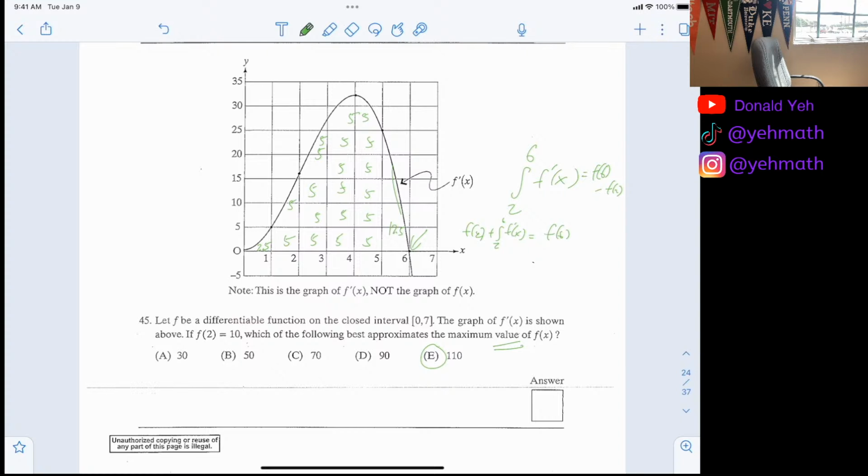My class is the highest class in Orange County. I can show you the result. There's only one school higher, because University High School only had 20 kids taking AP Calc, and they select the best to take it. They don't let all the people take AP Calc. So they only had 20 kids.